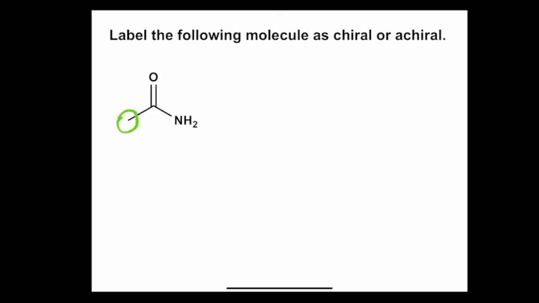Is that an asymmetric center? Why not? The 3 hydrogens. Same priority on the hydrogens, right? Well, this carbon looks pretty good, but it is what hybridization? So it's flat. This molecule is achiral. There are no asymmetric centers in it. It is a flat molecule. There's nothing going on here. So absolutely, this is not a chiral molecule.